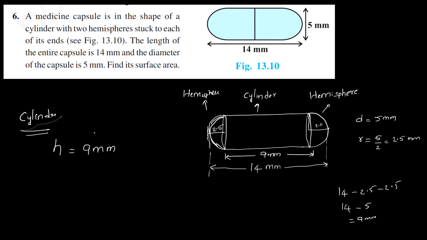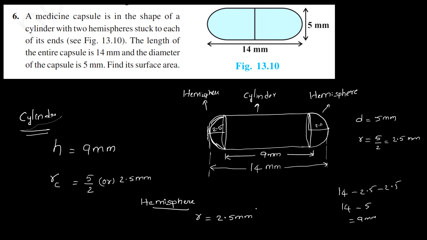We know that the radius of a hemisphere is 5 by 2, therefore the radius of the cylinder will also be 5 by 2 or 2.5 mm. And similarly we have one more figure, that is a hemisphere. For a hemisphere we don't need any dimension except the radius, and the radius is 2.5 mm or 5 by 2.